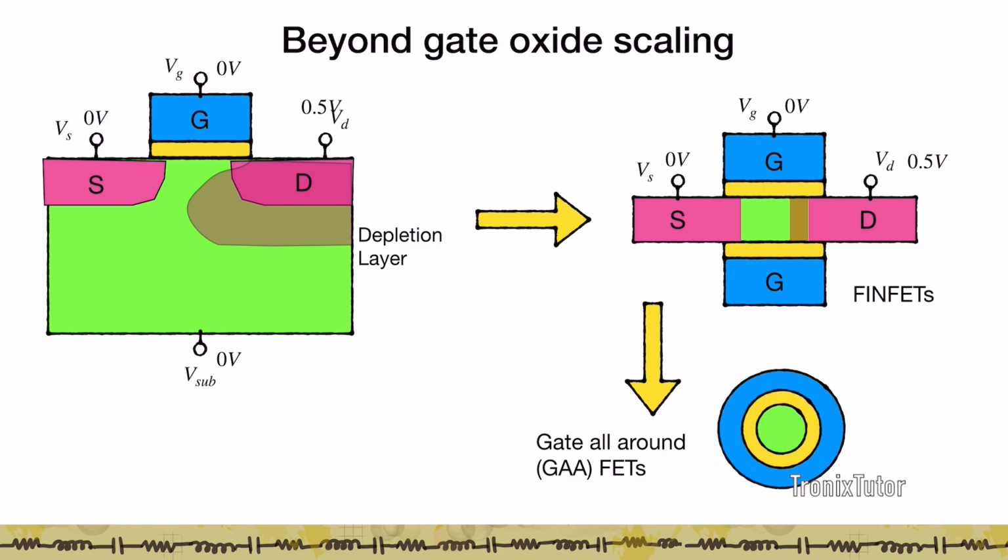As you see here, as you go from the planar to the FinFET to the gate-all-around structure, the control of the gate has been increasing, from a one-sided gate to a two-sided gate to an all-sided gate. And that increased gate control allows you to scale or reduce the gate length of the transistor.